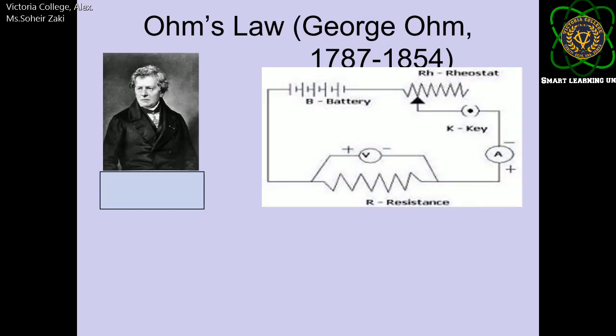Ohm used this electric circuit in which we have a battery as a source of electricity, a fixed resistance, the voltmeter to measure the potential difference, a variable resistor or a rheostat, a key to make the circuit open and closed, and the ammeter that is connected in series in the circuit.